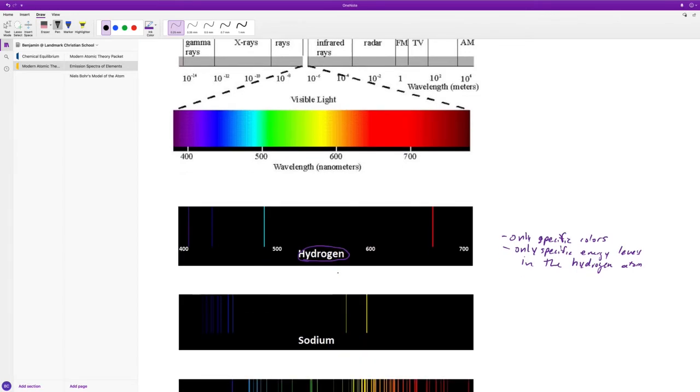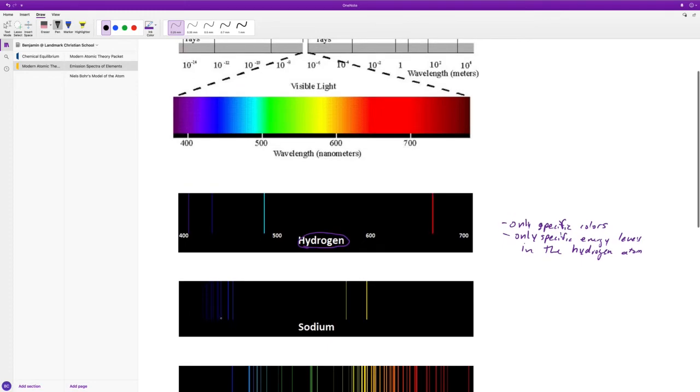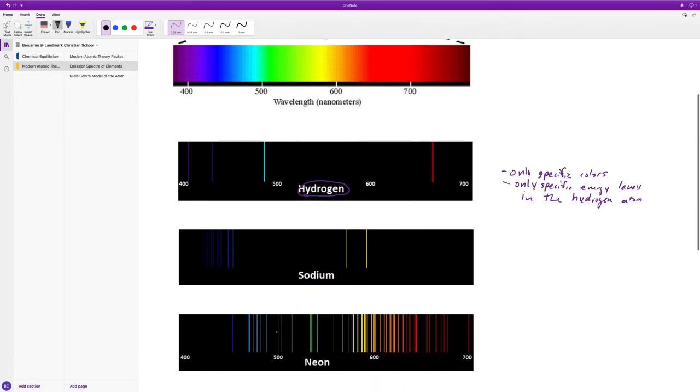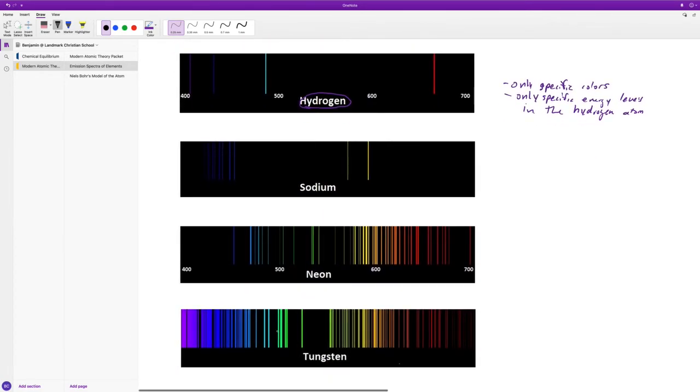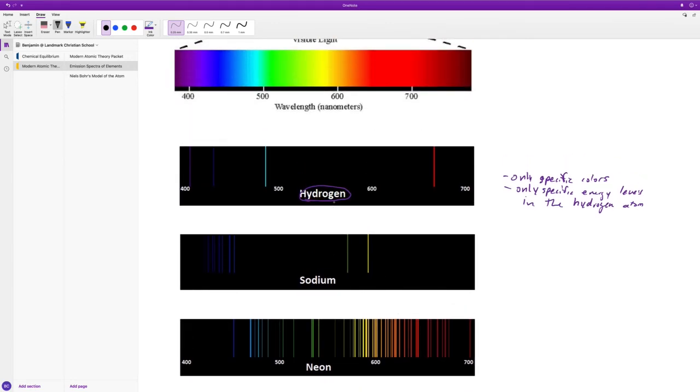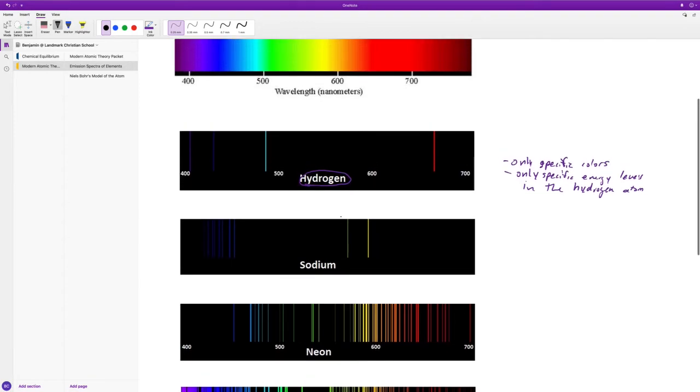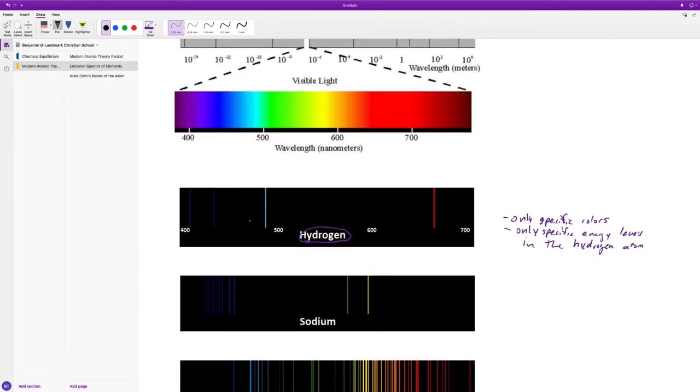So even for sodium, it doesn't look very, very complicated, but then again, there's a lot of other violet and blue lines going on down here. Neon's really complicated, and then something like tungsten, when you heat up tungsten, you get a lot of different colors of light. And so hydrogen was fairly easy to explain because there's only one electron in the hydrogen atom. But in sodium, you've got 11 electrons.